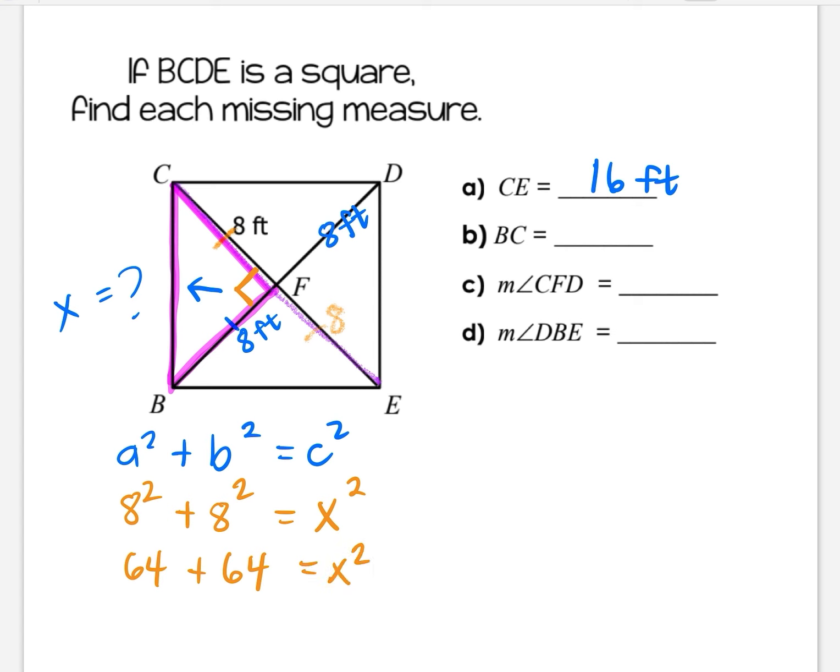So that makes 128. If we extract the square roots of both, X is equal to a decimal. Let's use tens place. So that would be 11.3. So BC is 11.3 feet.